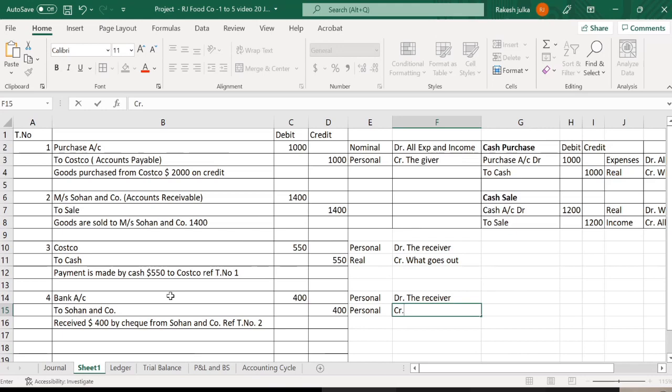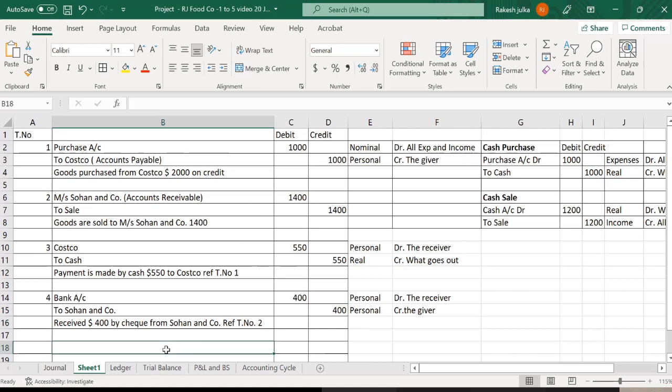Sohan is a personal account. Credit the giver. Right? Okay, so in this case, I have explained these 4 general entries for sale and purchase.